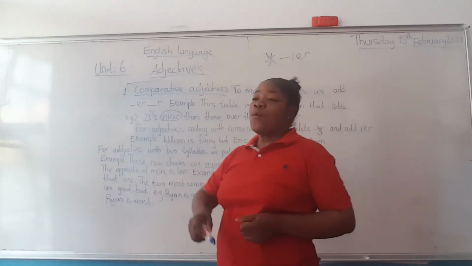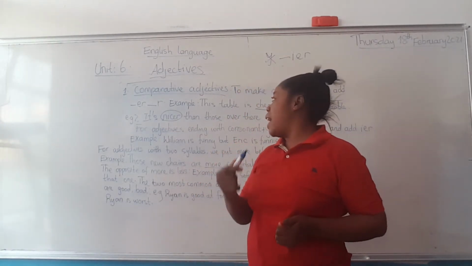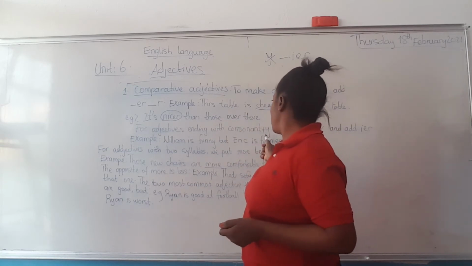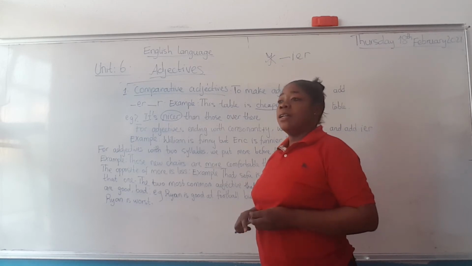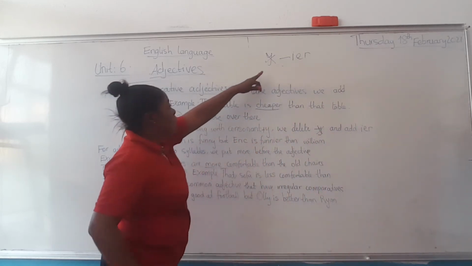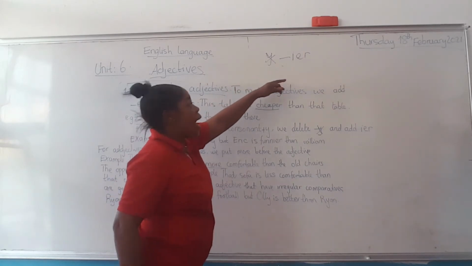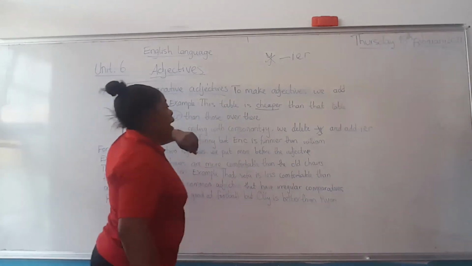I repeat, for adjectives that end with consonant y, what do we do to get their comparative form? We delete the y and we add er.